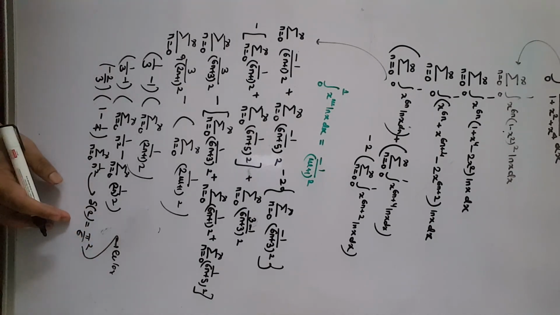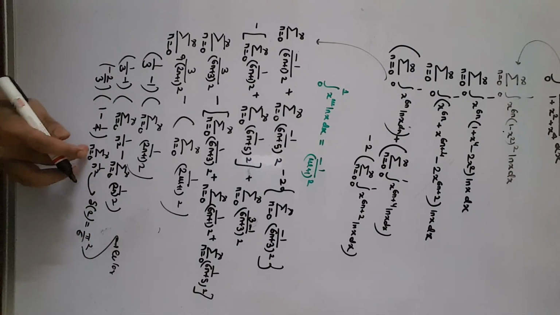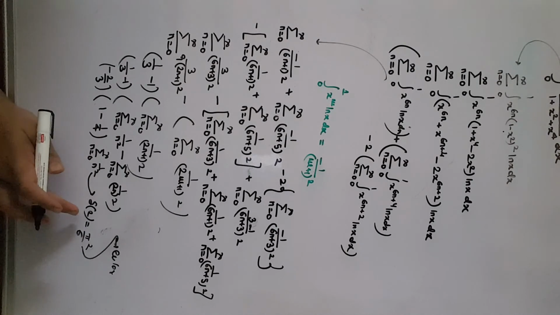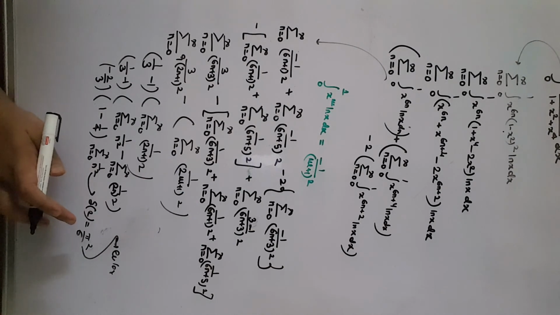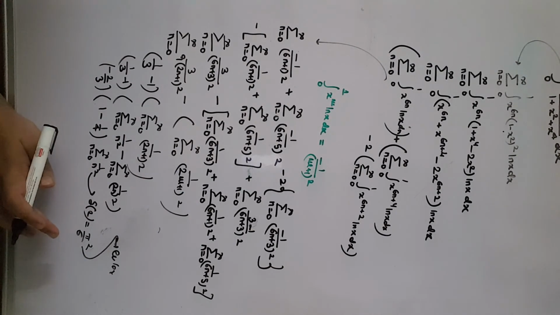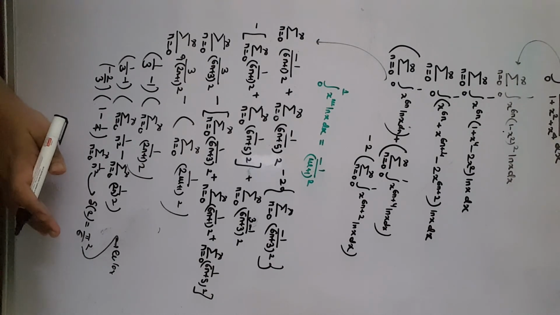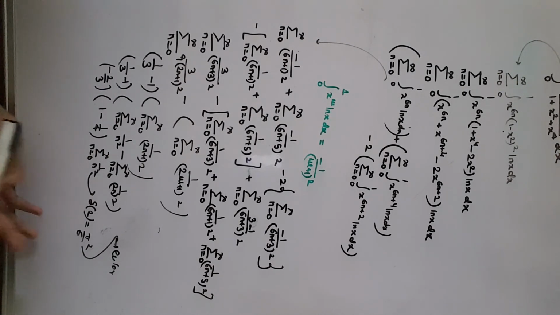Now this summation of n is equals to 0 to infinity 1 by n square is also the value at 2 of the Riemann-Zeta function, which is equals to pi square by 6. This is also known as Euler summation. How it is derivable, I will explain in some other upcoming videos, that how it is pi square divided by 6.